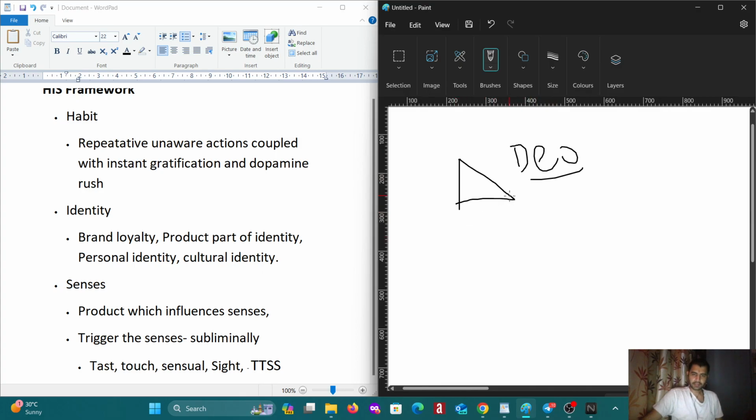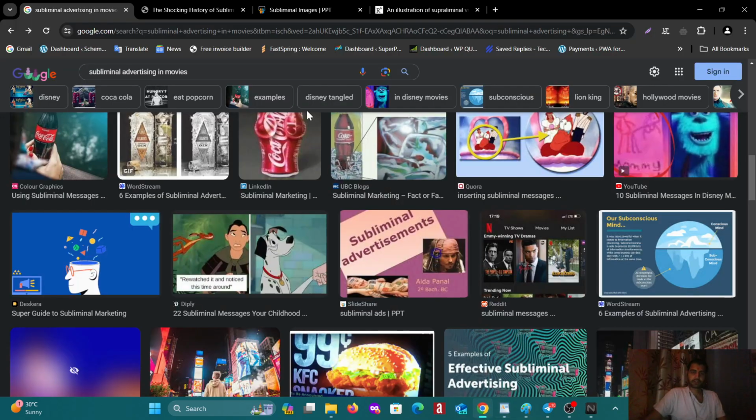When it comes to deodorant, they are actually projecting sensuality. Here they are actually using a subliminal effect. If you see consciously, what is the subliminal effect? I will just present it here.